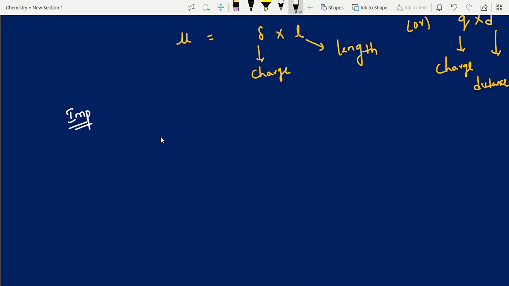Within a minute we have to give answers. Symmetrical molecules have dipole moment 0. Dipole moment 0, the most important point.